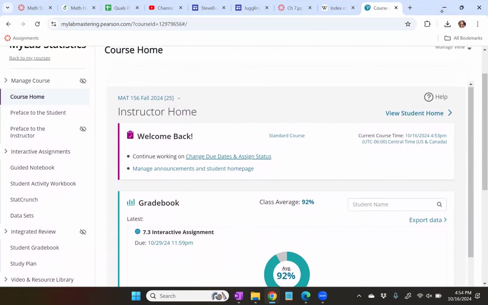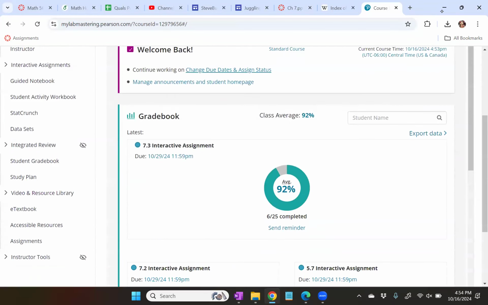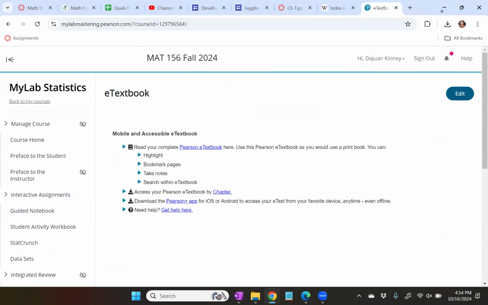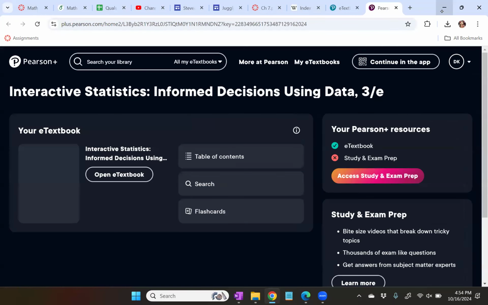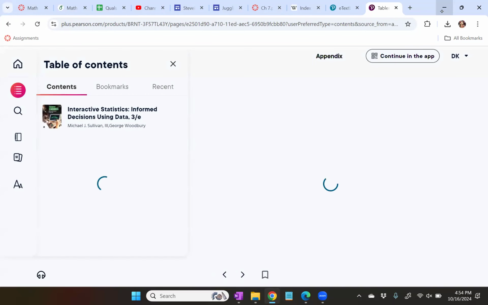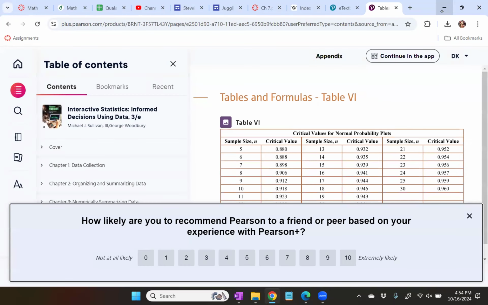So go onto your Pearson, get into your e-textbook. You can see this toolbar over to the left. Click on the top e-textbook again. Okay, so we're here, we're in our book, go to the table of contents. This is how I figured out how to get here today.